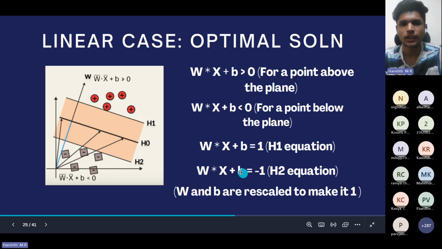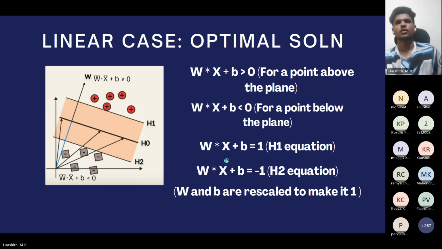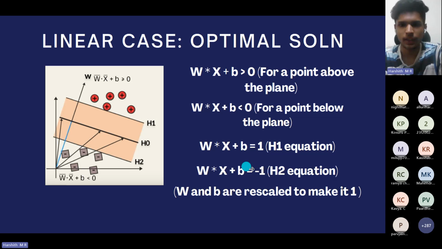So when you calculate the center of these two lines, we would get the hyperplane equation, which is W times X plus B equals 0. So this is how we find the equation of H0, H1, and H2. We'll use these three equations and calculate the optimal line which separates our data points.